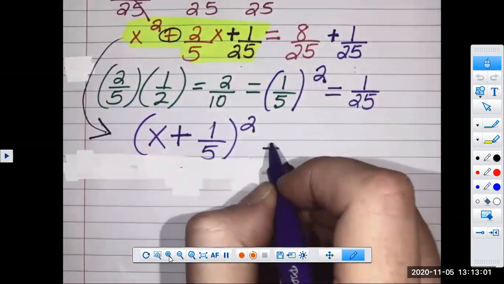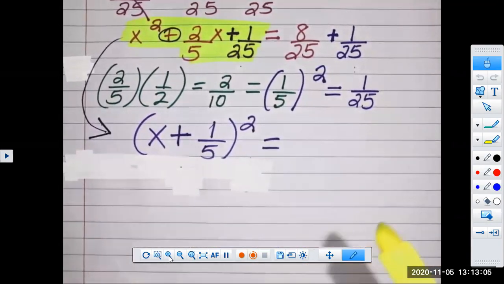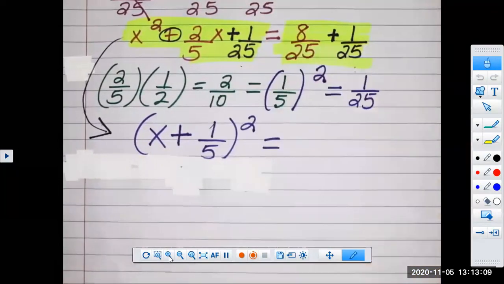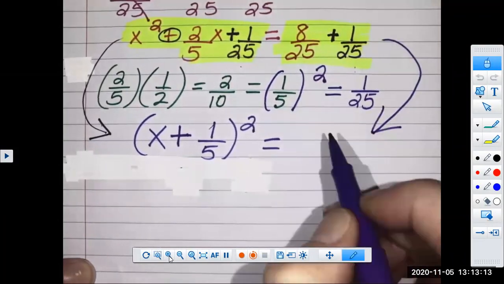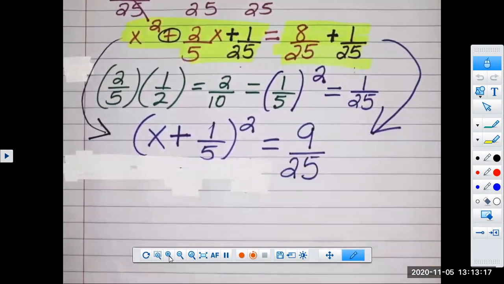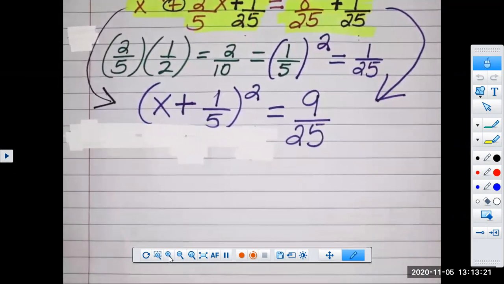Equals what? Good. When you combine like terms here. Okay, finally, step 4 and 5.